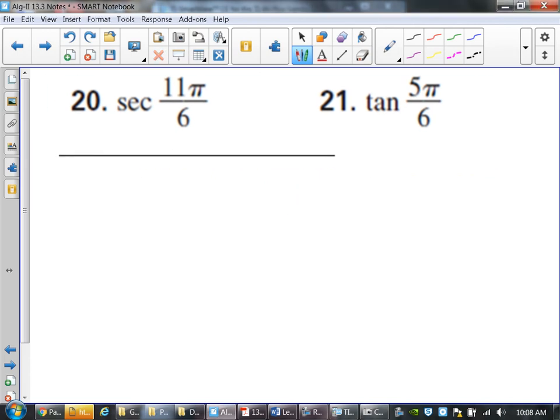Secant of 11 pi over 6. Which quadrant do I drop to? The fourth quadrant. How far am I off from the x-axis? Pi over 6, so I have a pi over 6 reference angle. That's a 30-degree angle. Remember, it's smaller.